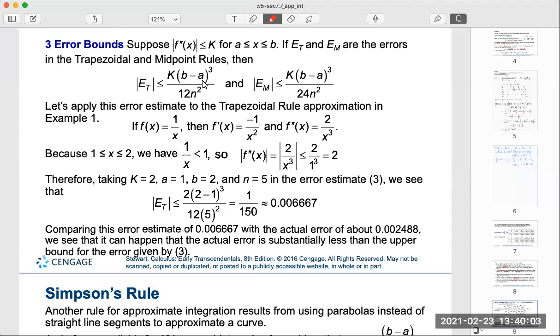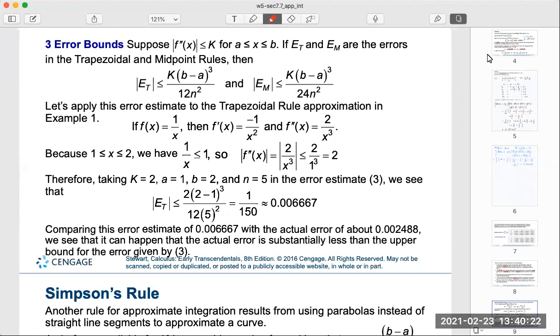The b minus a here is the difference between the limits, right? And n is the number of rectangles, the intervals that we discretize. The error of the midpoint rule follows this inequality here.